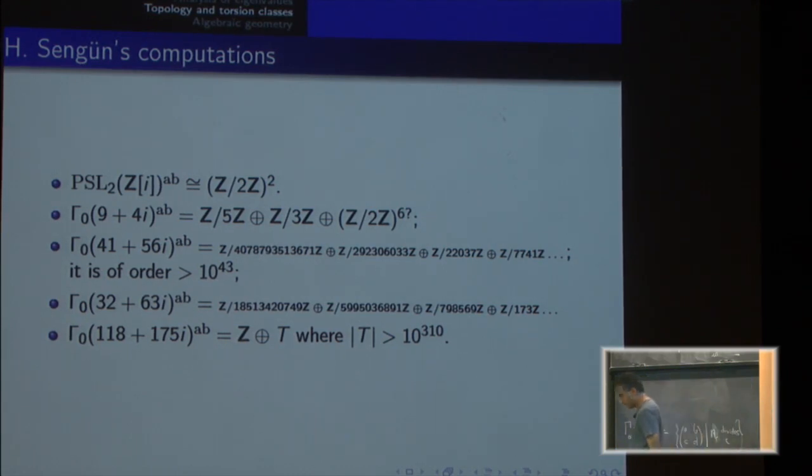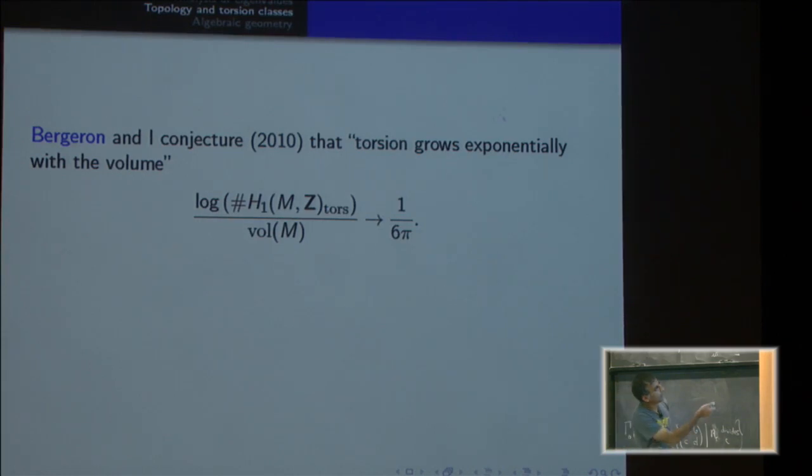All right, so again, I want to compare this to some nearby situation to see if it's interesting. These computations I just showed you were in response to a conjecture that Nicolas Bergeron and I made a few years ago about arithmetic hyperbolic 3-manifolds: that the torsion should grow exponentially with the volume at this specific rate.